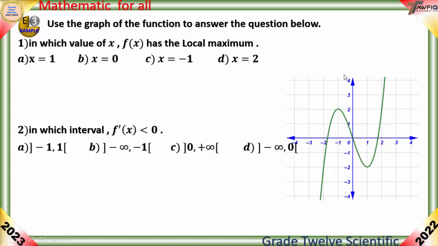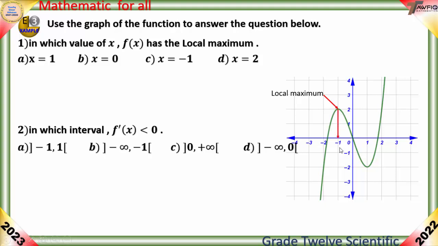As you can see at the graph of the function here, we have a local maximum because the function is increasing, and after that decreasing. To find the value of x at this point, which is the local maximum, draw a vertical line down to the x-axis like this.